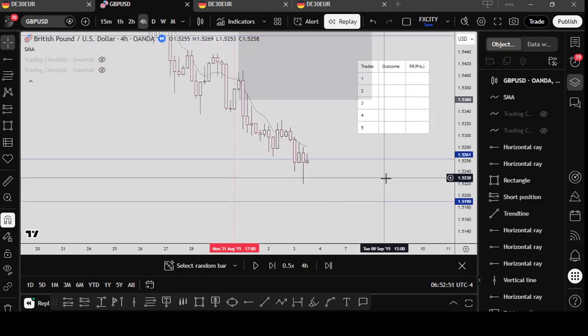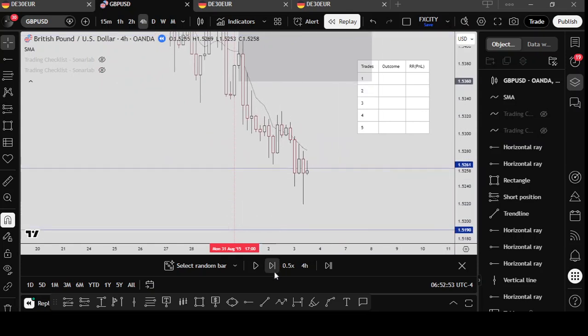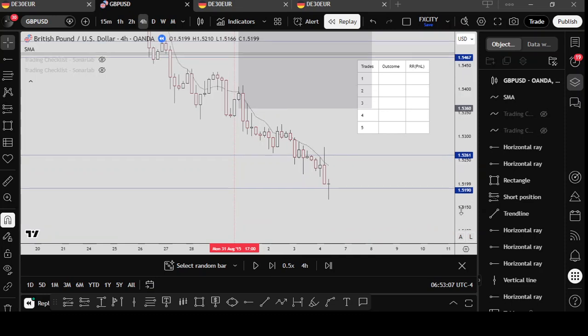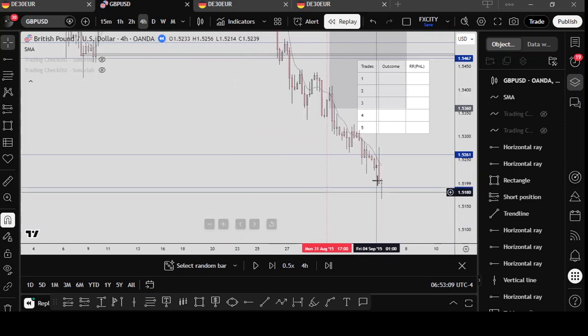So still playing that moving average setup trades. Price went ahead to hit our target, right? So price hit our target.